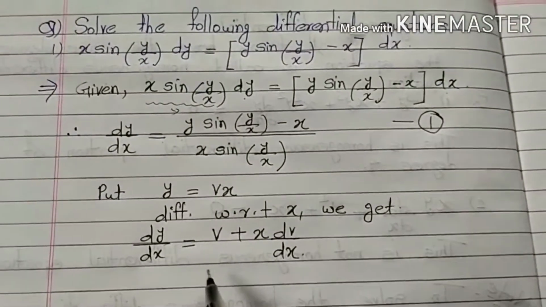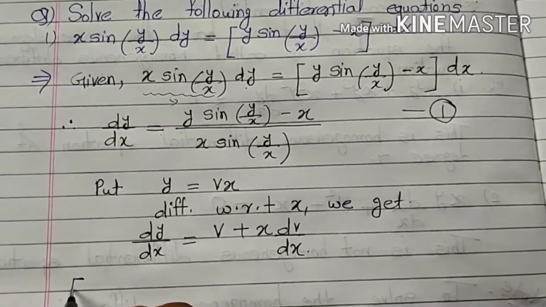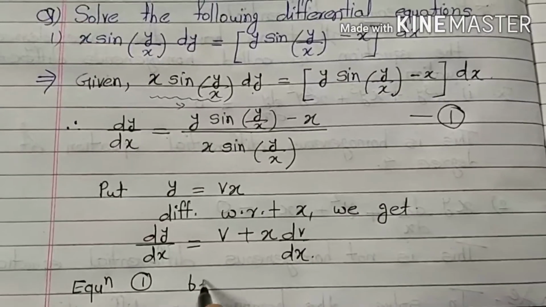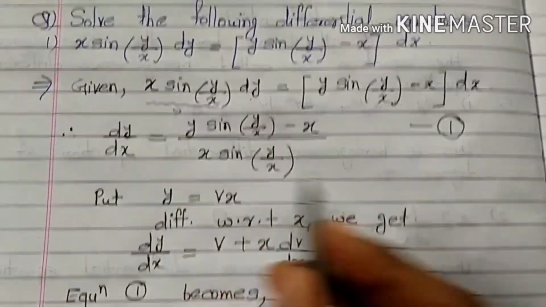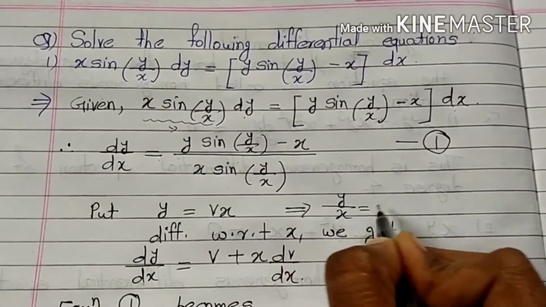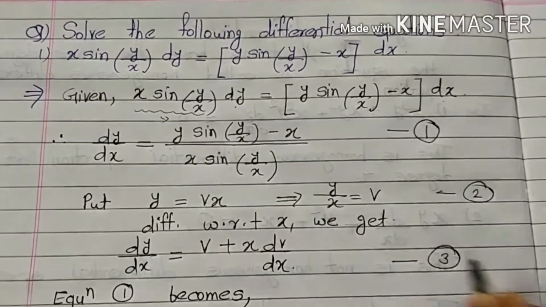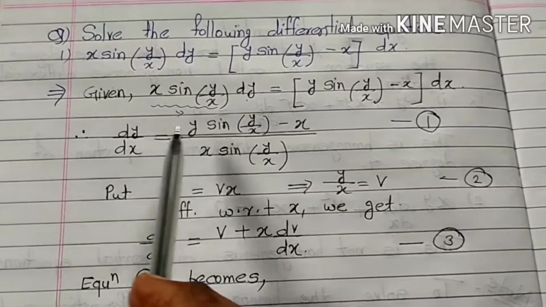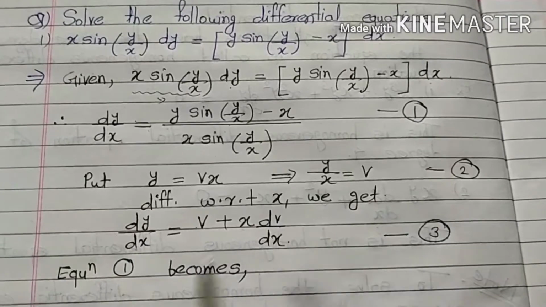So substitute this value in equation first. Also this implies that y upon x is equal to v. Call it equation second and equation third. Okay. So equation first becomes: the value of dy upon dx is v plus x dv upon dx.